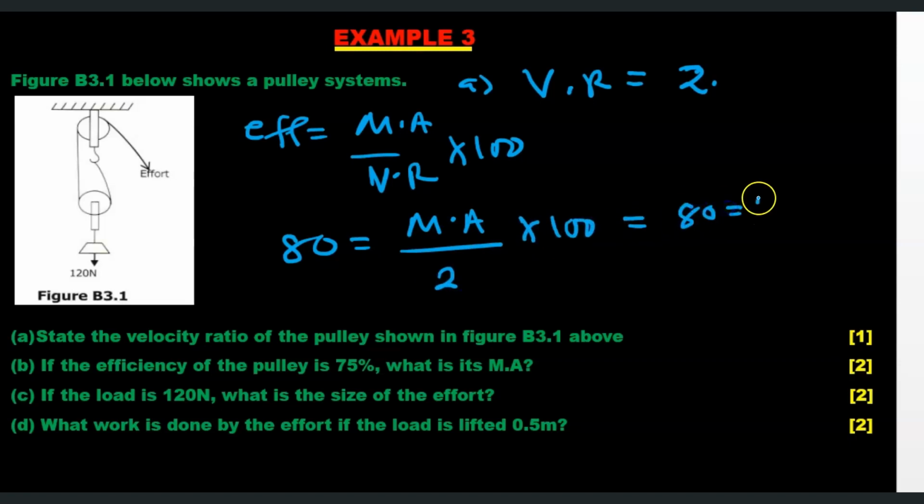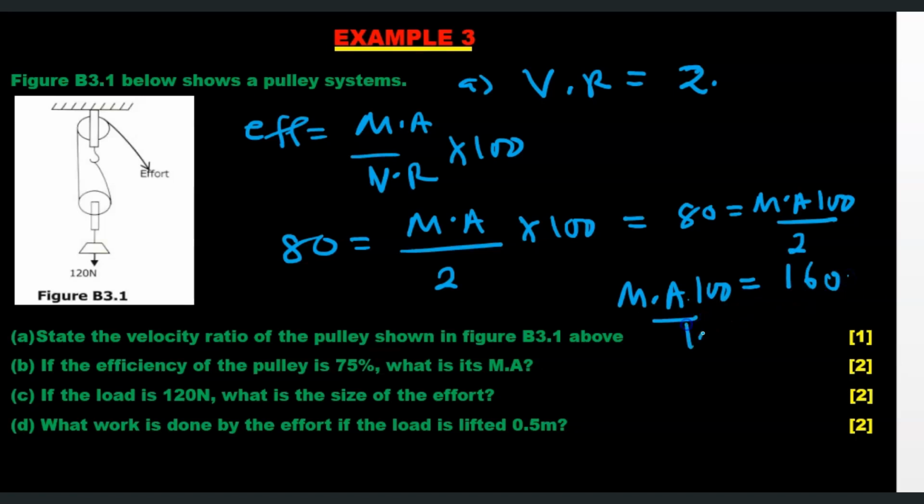We are going to have 80 is equal to mechanical advantage times 100, divided by 2. Cross multiplying here, we have mechanical advantage times 100 is equal to 80 times 2. 8 times 2 is 16, so we have 160 here.